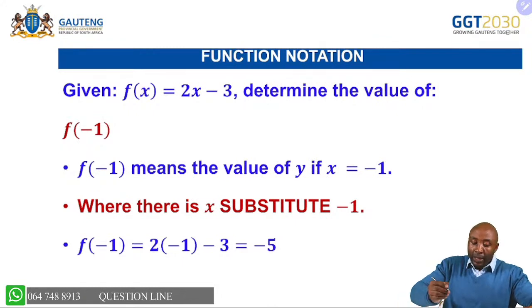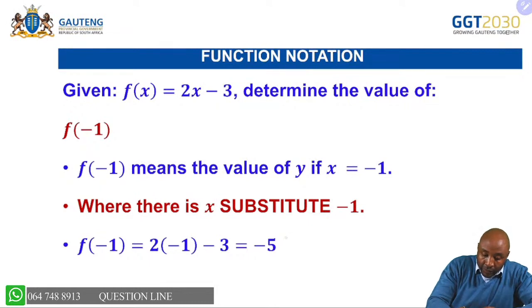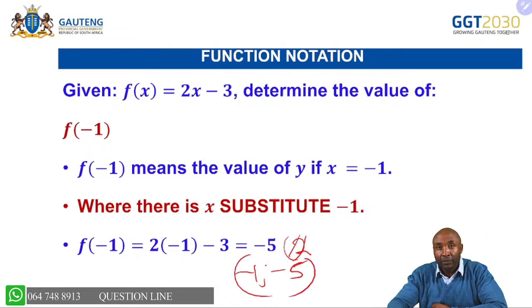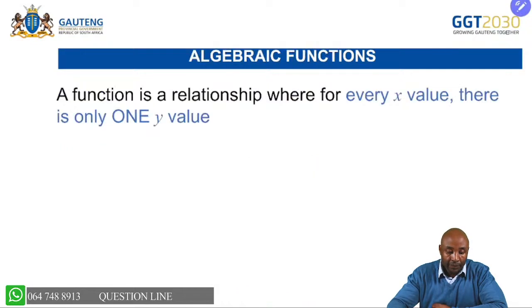So we are able to find the coordinates of that point as -1 and -5, because our x value is -1 and our y value is going to be -5.